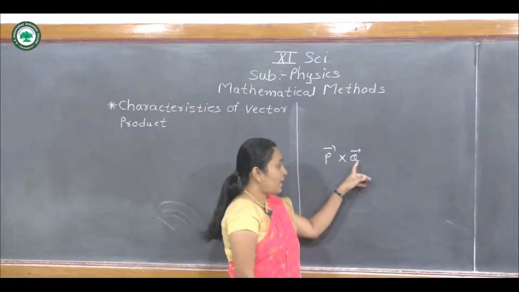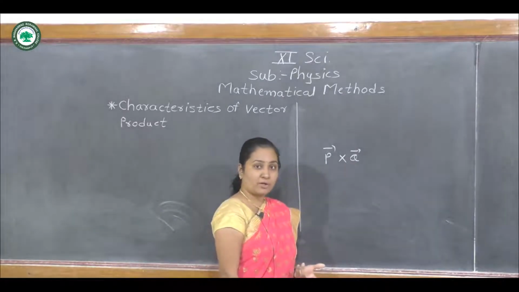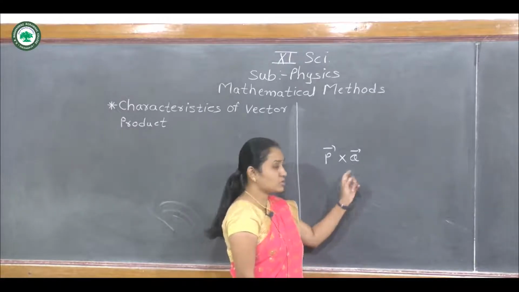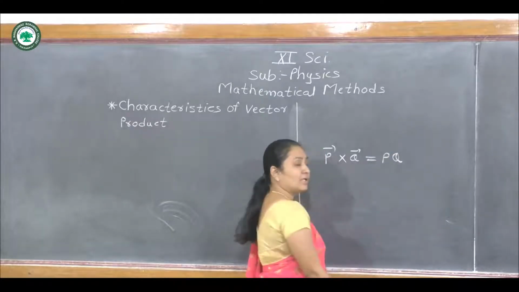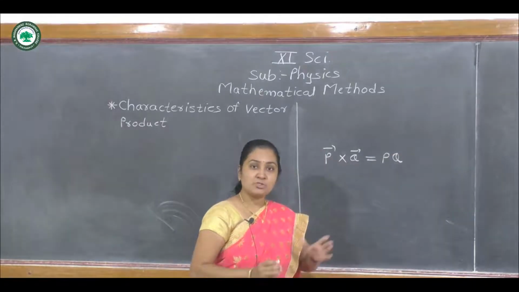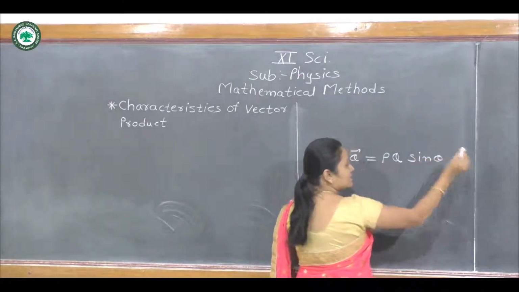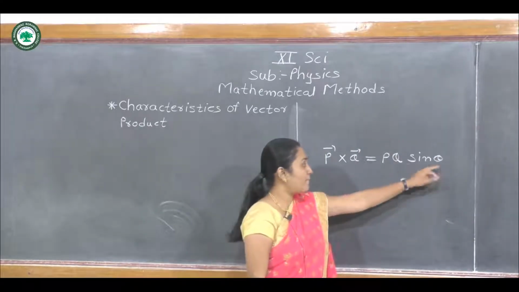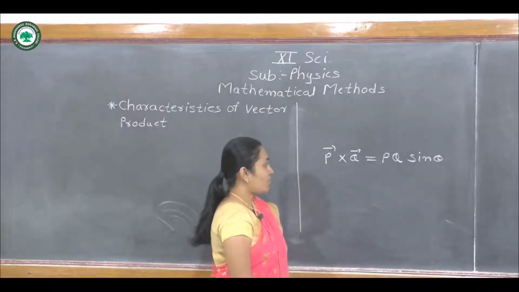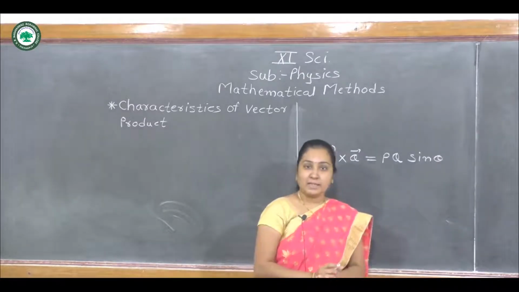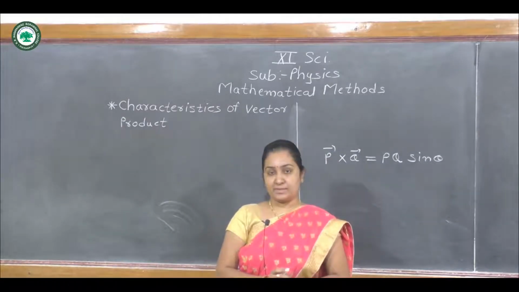If P bar and Q bar are two vectors, then their vector product P bar cross Q bar is equal to PQ, the product of the magnitudes of the two vectors, multiplied by the sine of the angle between the two vectors, that is sine theta. So P bar cross Q bar equals PQ sine theta. This is the vector product of any two vectors.